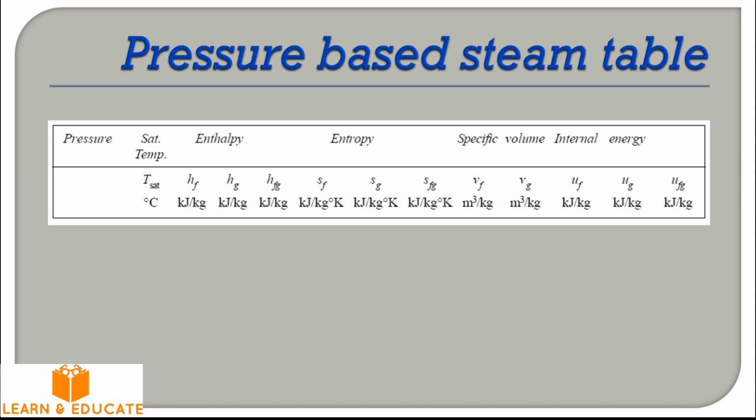Okay, if x equal to 1, that is the quality of steam is equal to 1, hf plus x into hfg will be equal to hg. That means hf plus hfg will be equal to hg if x equal to 1. You know the relation, h equal to hf plus x into hfg. Fine.